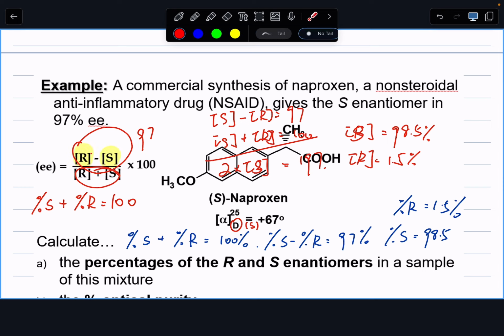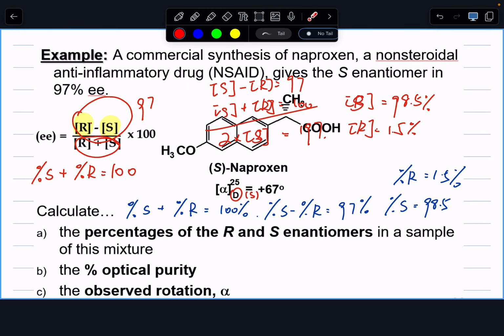It doesn't matter if it's R minus S or S minus R. Whichever is higher goes in the front, so your percentage EE is always a positive number. So far, so good? So that's the first question, translating your EE into ER.